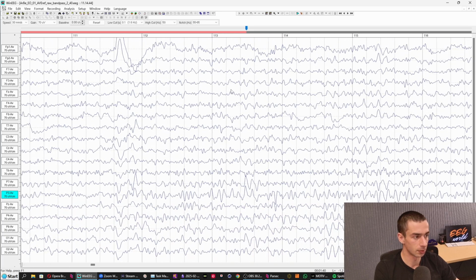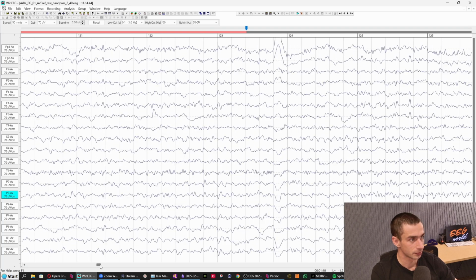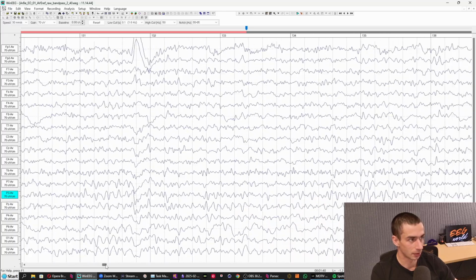Scrolling through, more eye blink, more of this sort of fast activity in the left superior parietal, and a mix overall of alpha and beta.